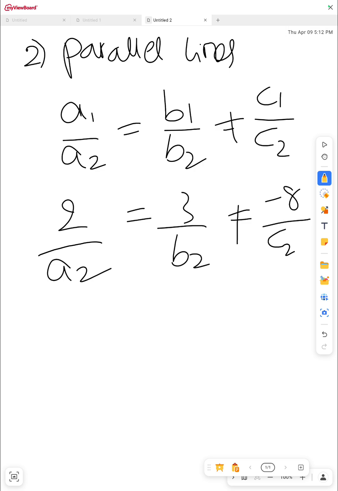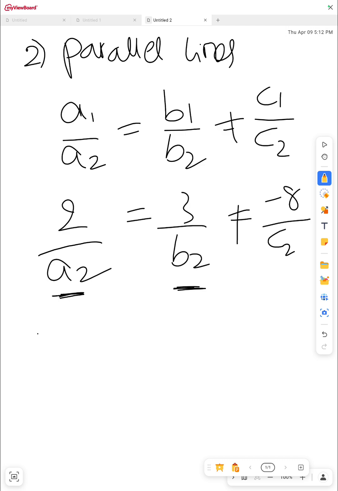Let's imagine how these two can be equal. They will be equal if 2 cancels the number above and 3 cancels the number above, and the results are the same.